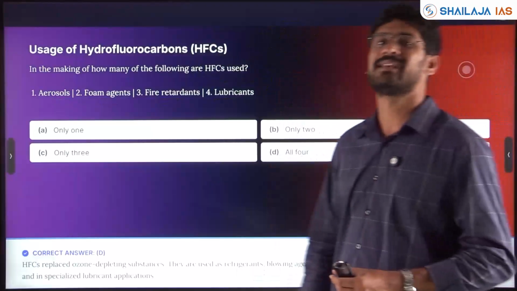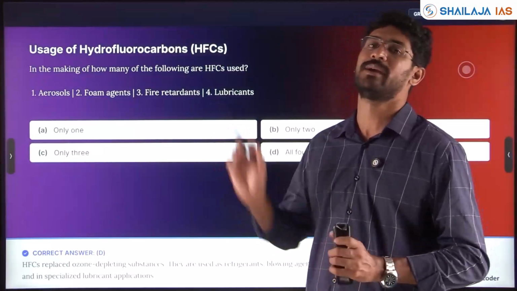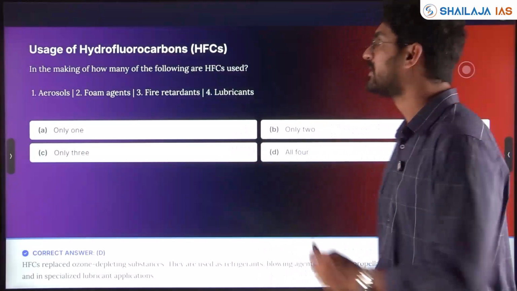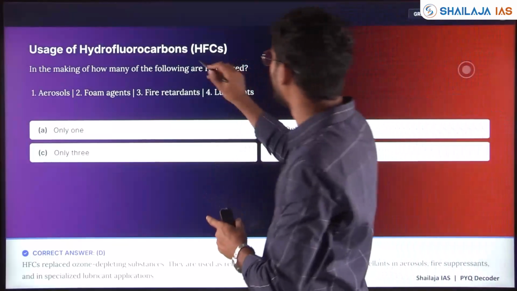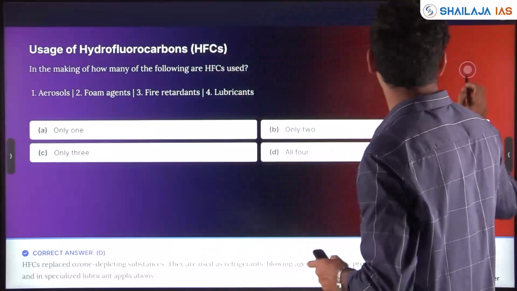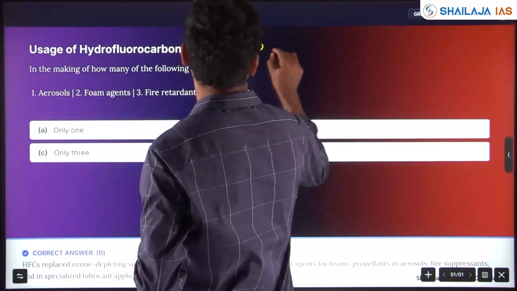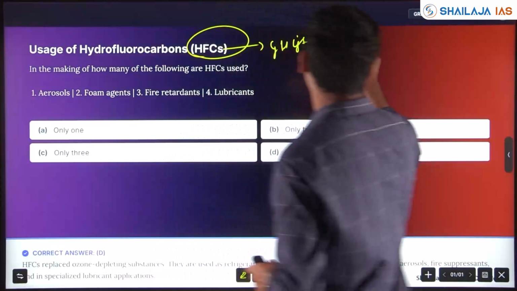However, HFCs are also greenhouse gases, so global warming is caused by HFCs, not ozone depletion. HFCs act as global greenhouse gases, causing global warming.